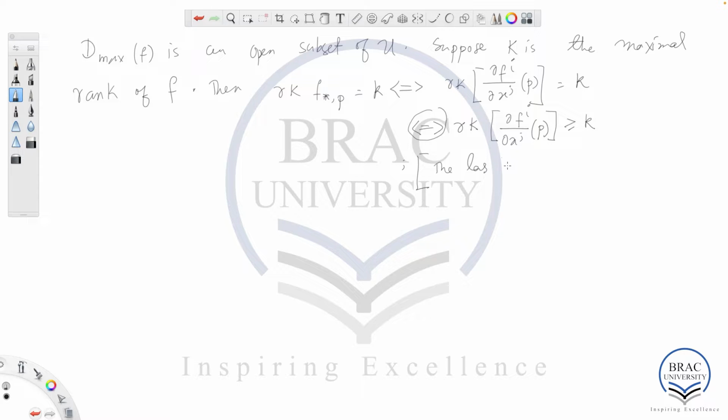The implication from the left to the right is obvious, which means that rank of this matrix is equal to K implies rank of this matrix is greater than or equal to K, since greater than or equal to trivially holds.